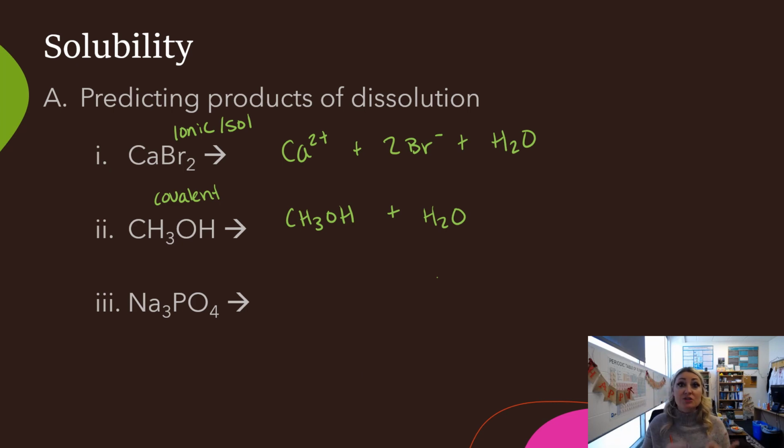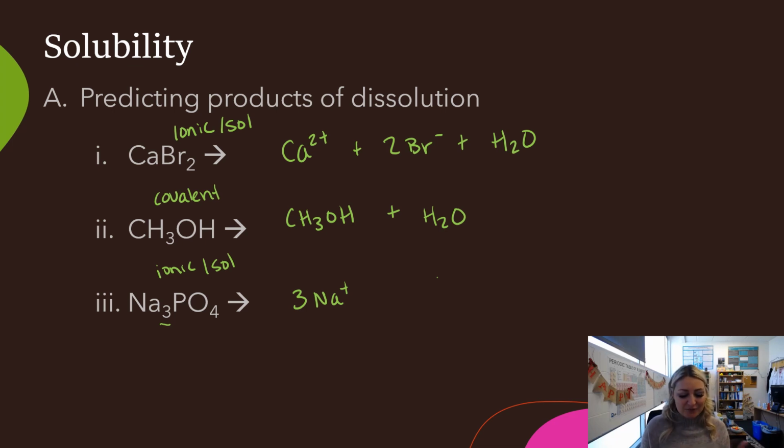There's no dissociation. Our final compound is sodium phosphate, which is ionic and soluble. So our polyatomic ions are going to dissociate as a unit. Remember, we always treat them as a single unit. So we can expect to have 3 sodiums, each with a +1 charge, and I'm just pulling that from my subscript.